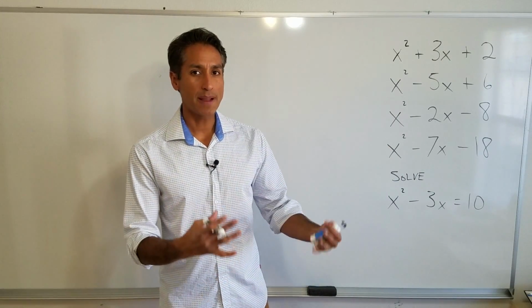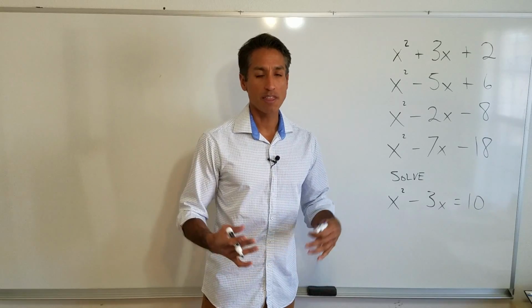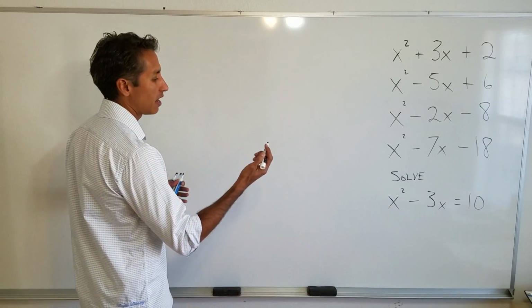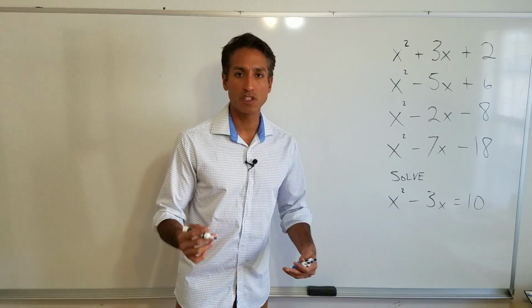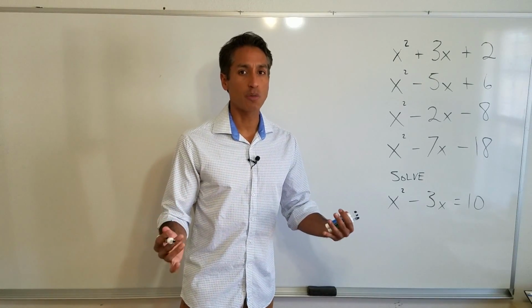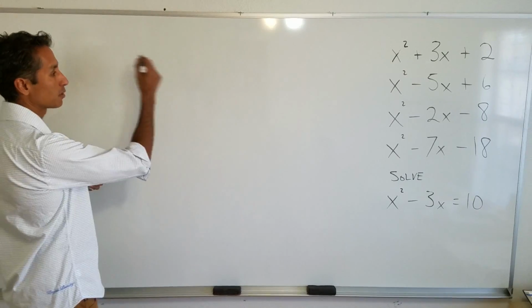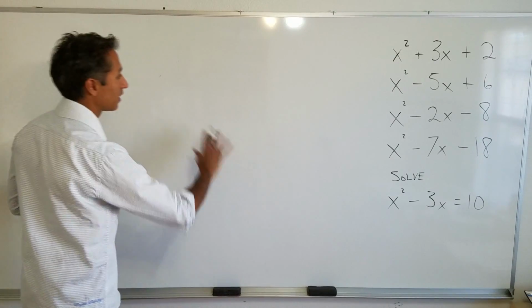Now, I'm hoping that by now you've already watched my video on the FOIL method, multiplying binomials and all that. Let me just quickly go through it to have something to start with, okay? I'm going to give myself some space over here so I can use the middle.